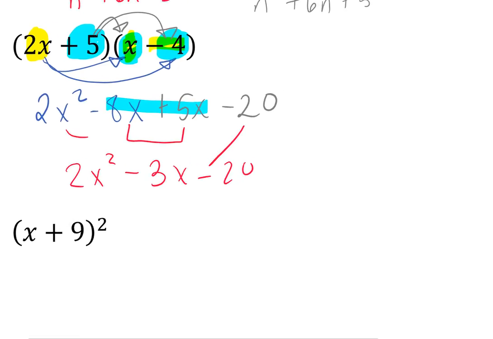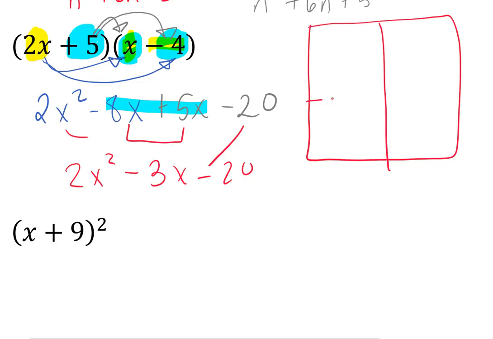So again, we can also use the box method. This length is 2x plus 5. This length is x minus 4. Okay, so we have 2x times x. So we get 2x squared.